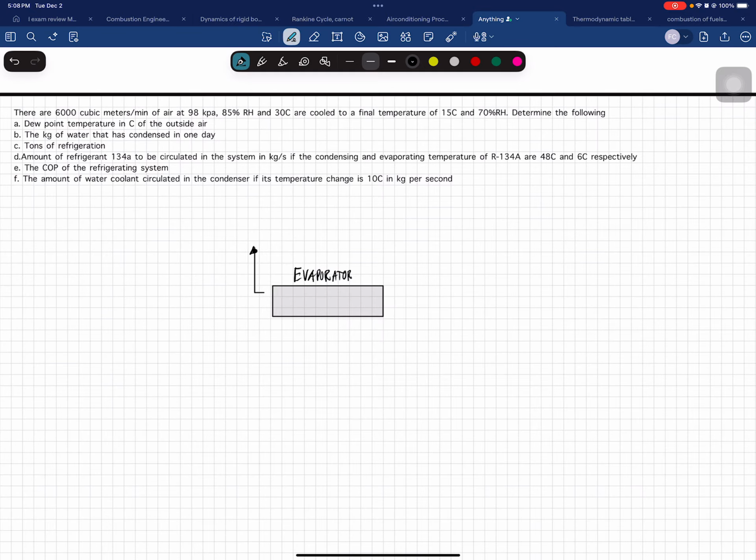After the evaporator, you have your compressor. It's very little. After your compressor, your refrigerant will go through the condenser.